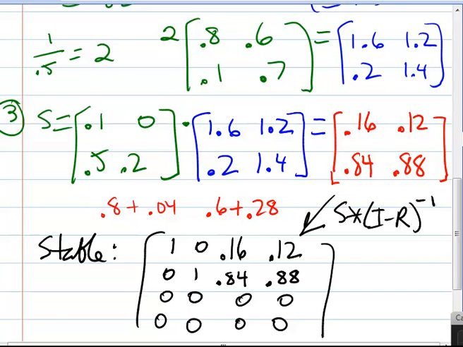And this gives me the long-term result. It says that 16% of the objects that started out in state 3 will be absorbed into state 1, and 84% of those objects from state 3 will be absorbed into state 2. For the objects in state 4, 12% of them get absorbed by state 1, and 88% of them get absorbed by state 2.